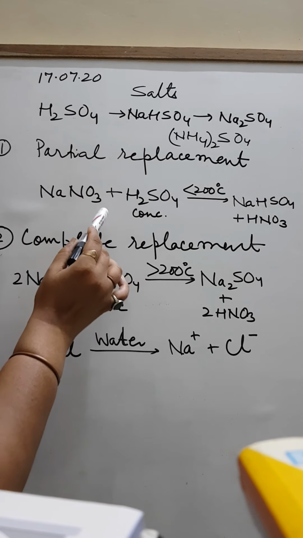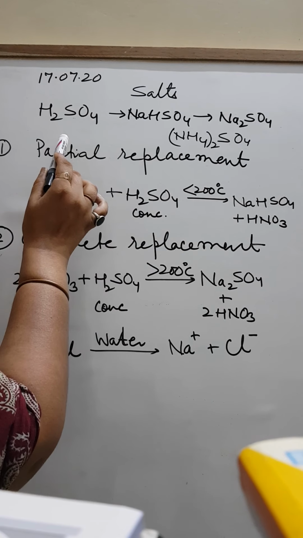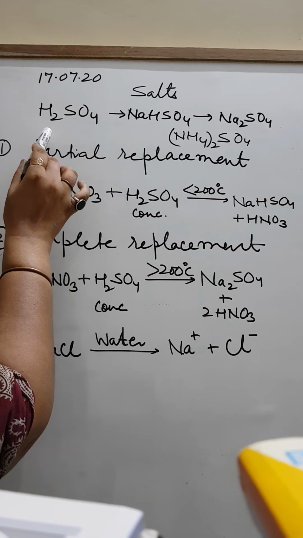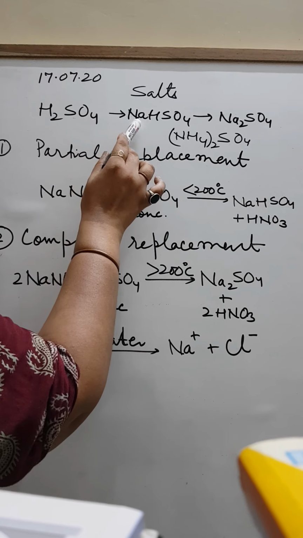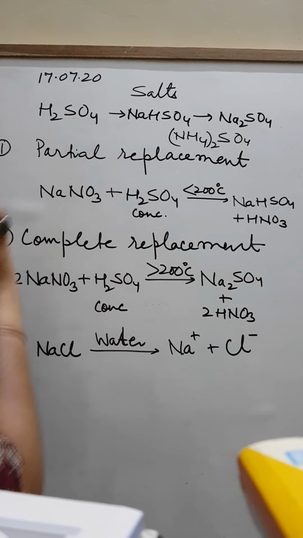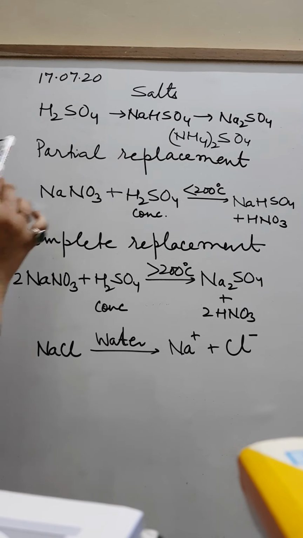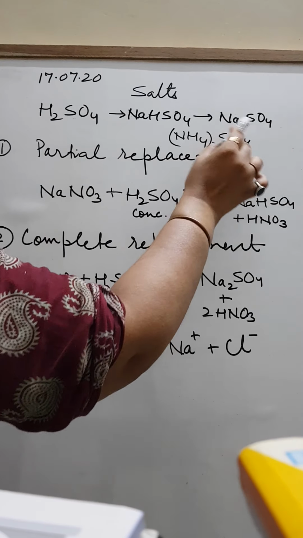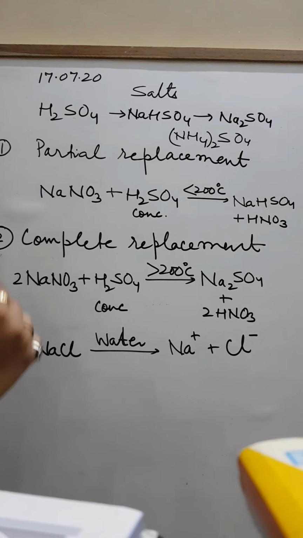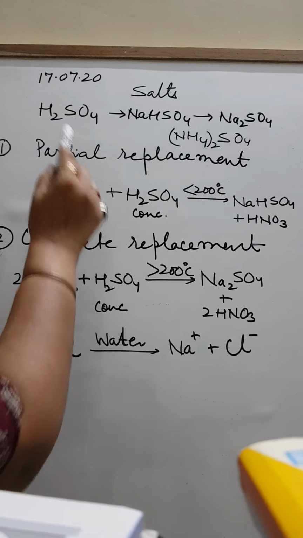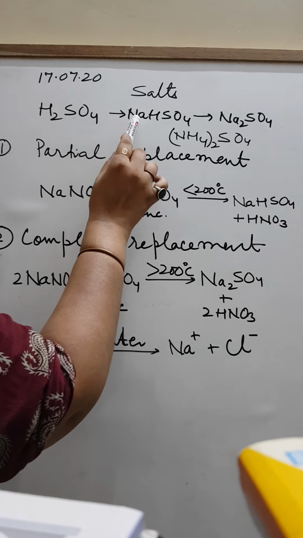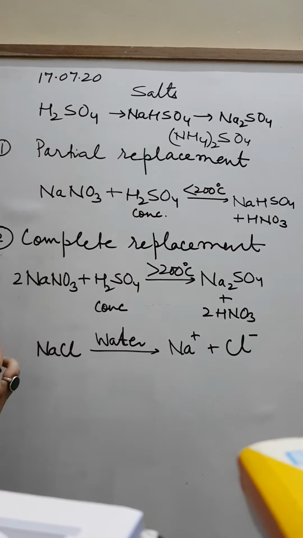Salt is a compound when the ionizable hydrogen atoms of an acid, like here two are there, are replaced by a metallic cation or ammonium ion. Salt is a compound formed by the partial, here you see one H is still there, or complete, both H are replaced, replacement of the ionizable hydrogen atoms of an acid by a metal cation or ammonium cation.